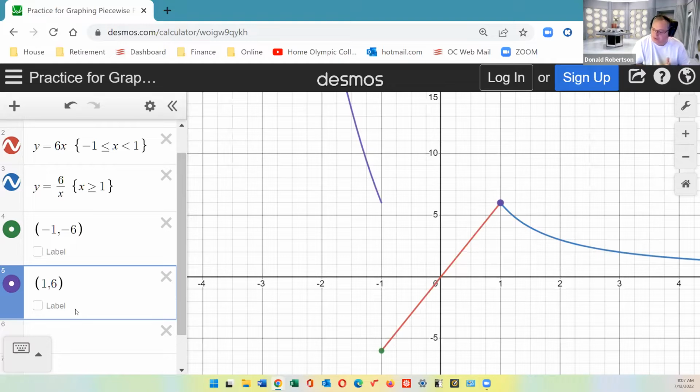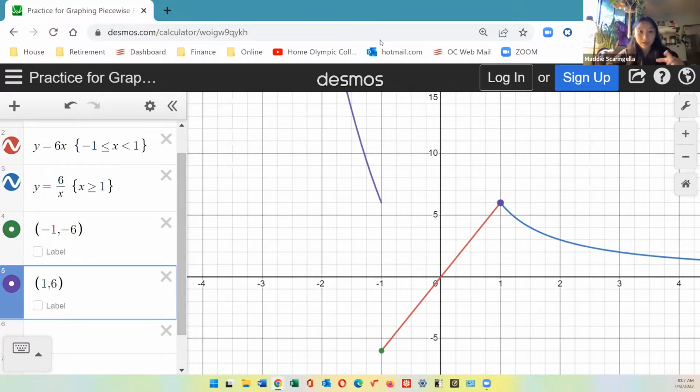Yes, Maddie, what's your question? So we use Desmos to see the graph of the piecewise functions. Are we able to do that on our tests? Yes. So are we ever going to need to know what functions look like if we can't use Desmos?